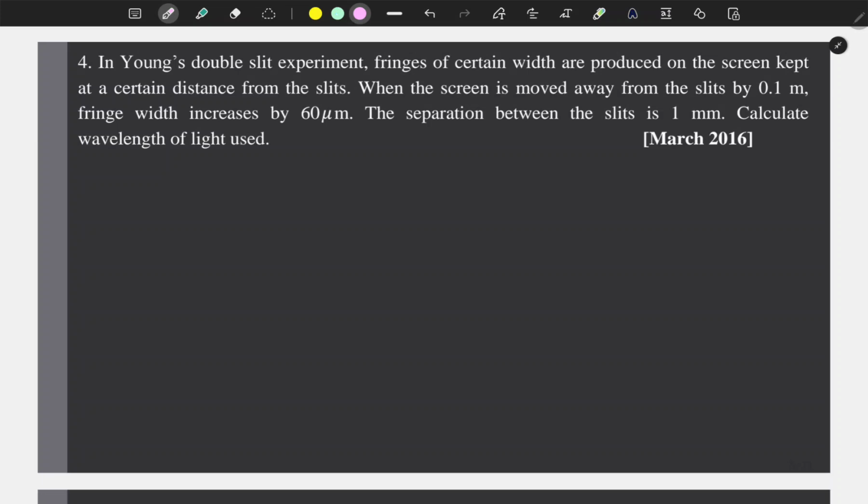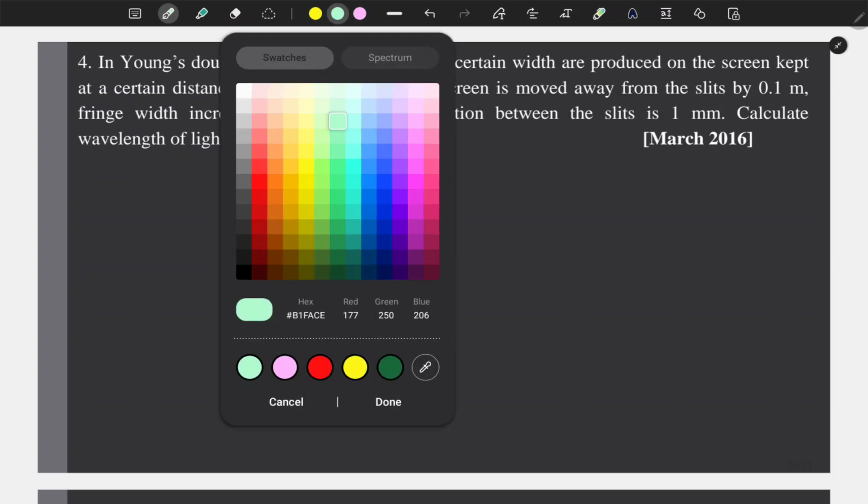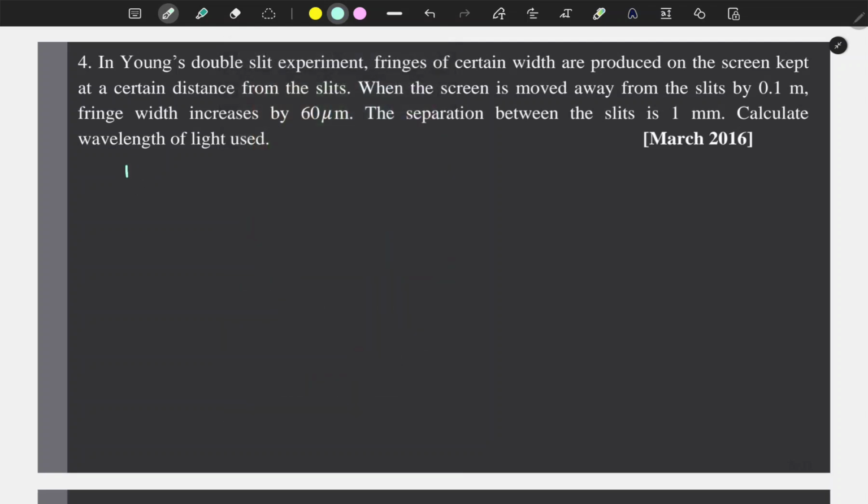So if I consider Young's double slit experiment, the slits are placed at a certain distance, capital D, and slit separation is small d. There is a source here, and this is a screen.